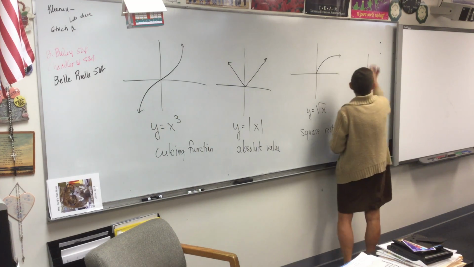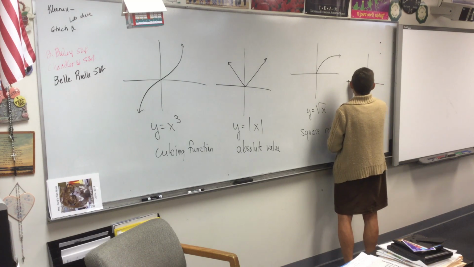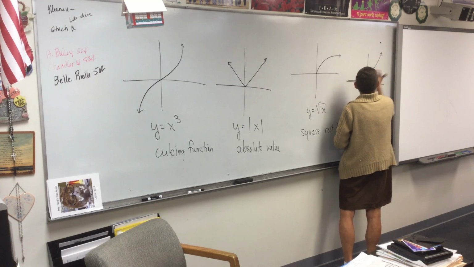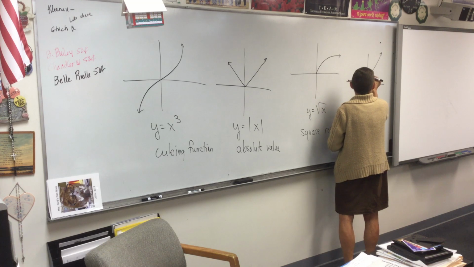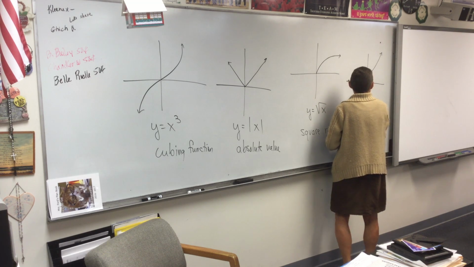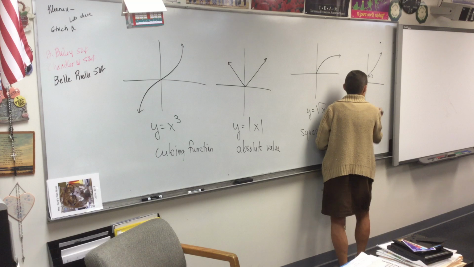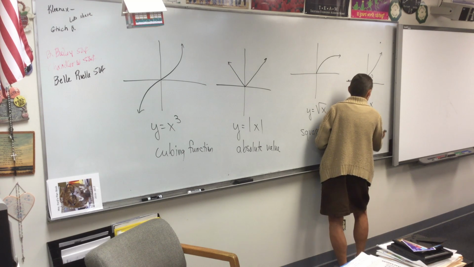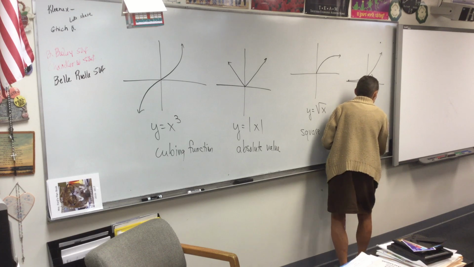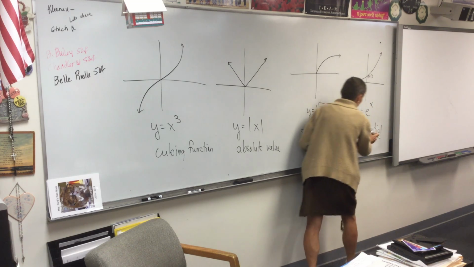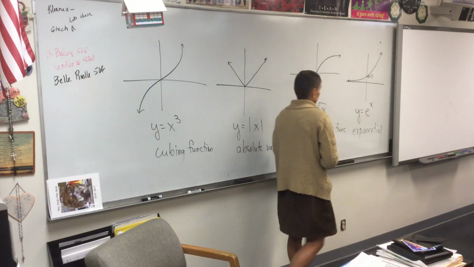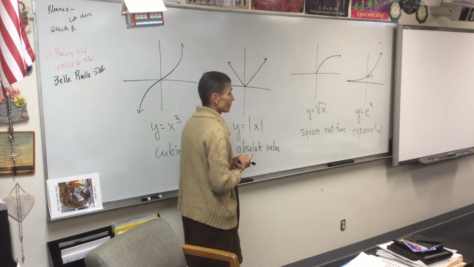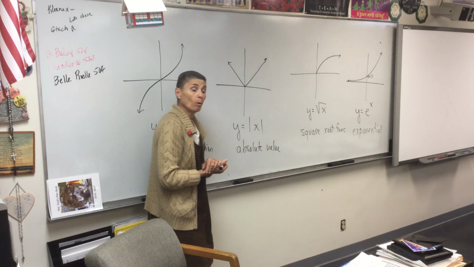Then we have this one, which is y equals e to the x. It is called the exponential function. It's the exponential. Notice I did label a point on there.